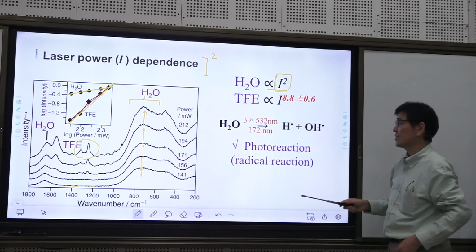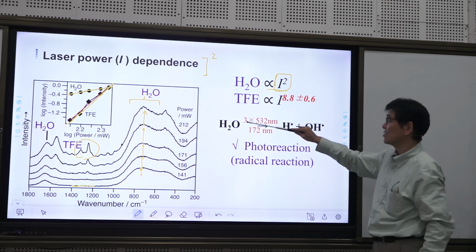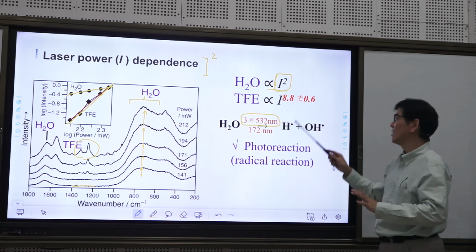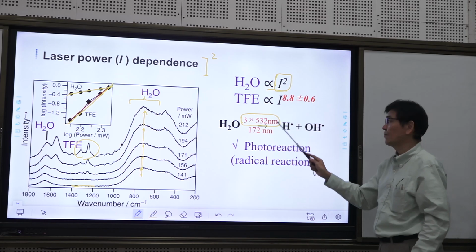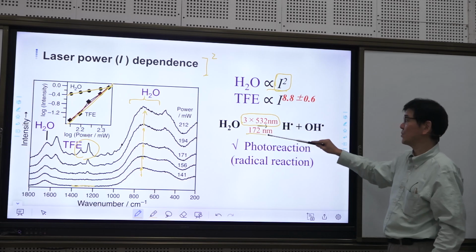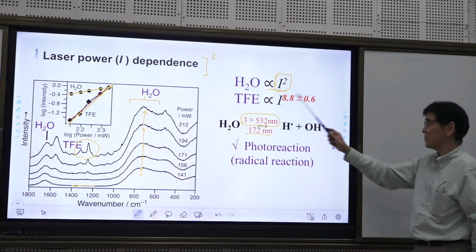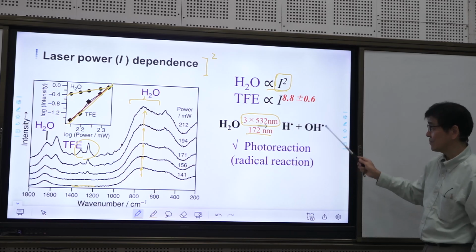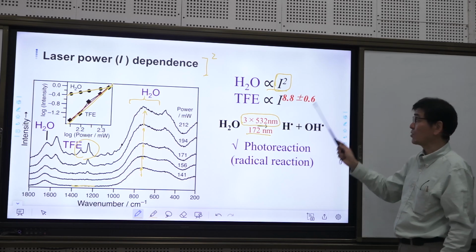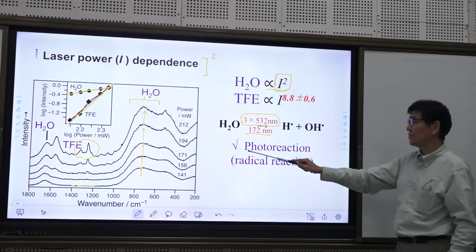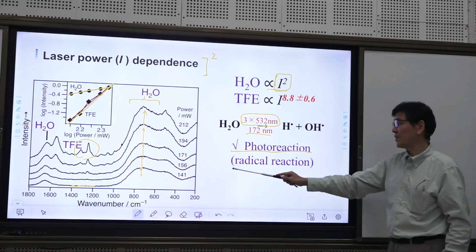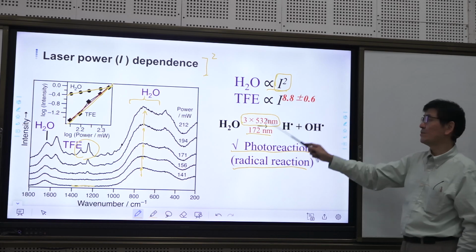Then I looked through the literature, and one possible explanation was 3-photon excited radical formation of H2O. They say when 172 nanometer is irradiated to H2O, it forms OH radical and hydrogen radical. So we adopted this idea. At least there must be a photoreaction, and possibly it is a radical formation reaction due to a 3-photon process.